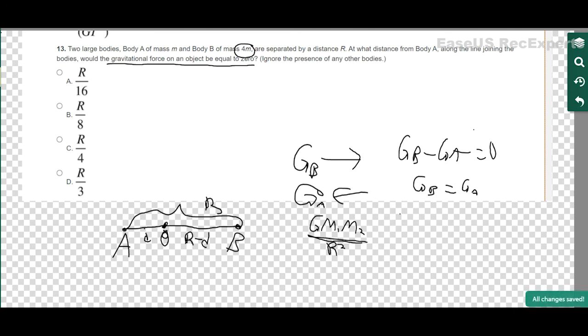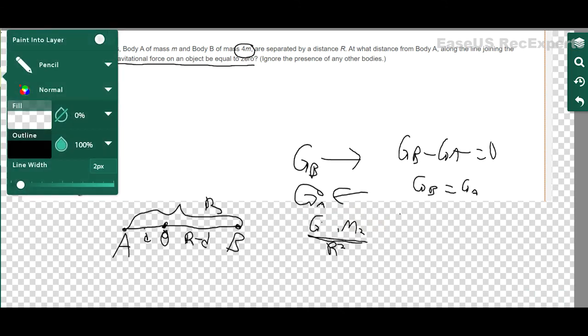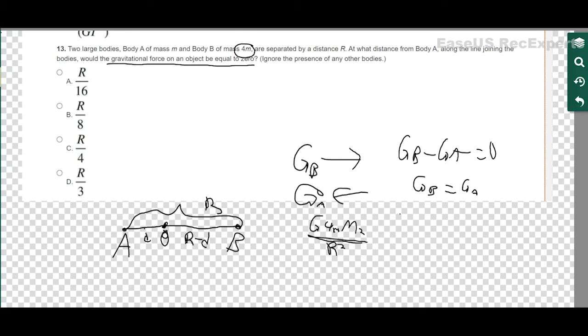So we will label this as G times 4m times m2, and the distance to object O is r minus d, so we will have (r minus d) squared. Now we'll set that equal to G times regular m, because the mass of body A is m, times m2 over regular d squared.